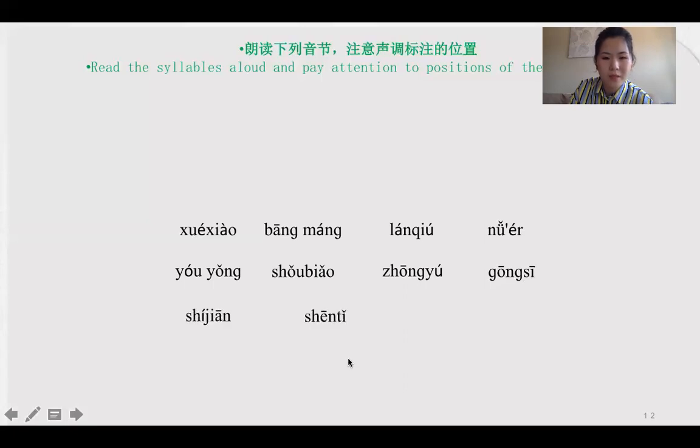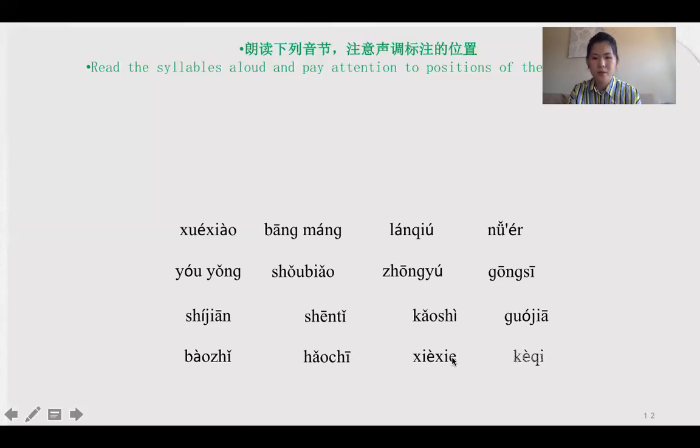And then the rest of it too. Take a look at it. Basically, if you have a in the vowels, you always put the tone on the a, right? And if not, you have a, o, e, i, u, ü.